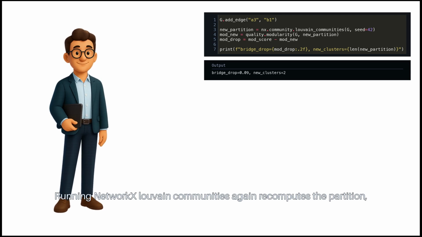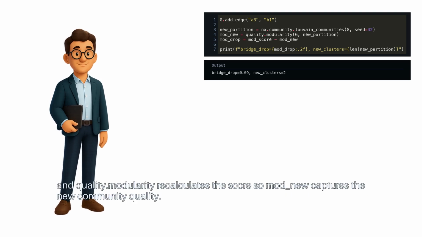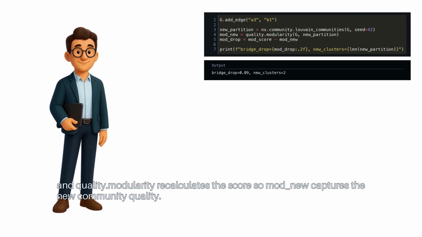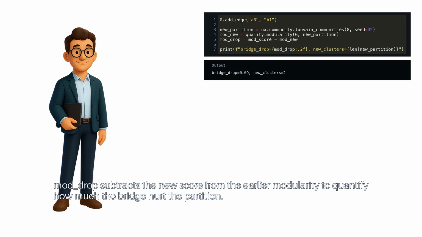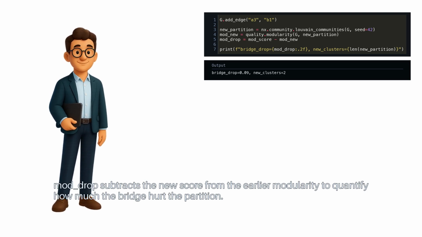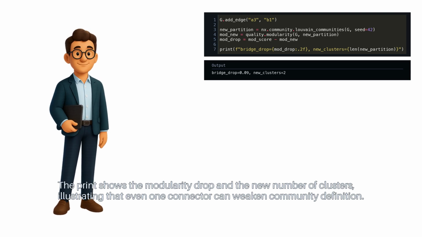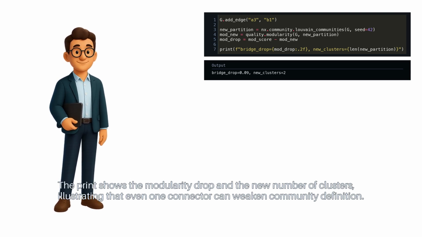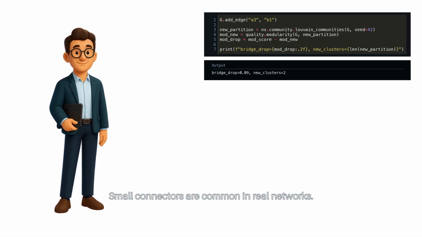Running NetworkX Louvain communities again recomputes the partition, and quality.modularity recalculates the score, so mod_new captures the new community quality. Mod drop subtracts the new score from the earlier modularity to quantify how much the bridge hurt the partition. The print shows the modularity drop and the new number of clusters, illustrating that even one connector can weaken community definition.